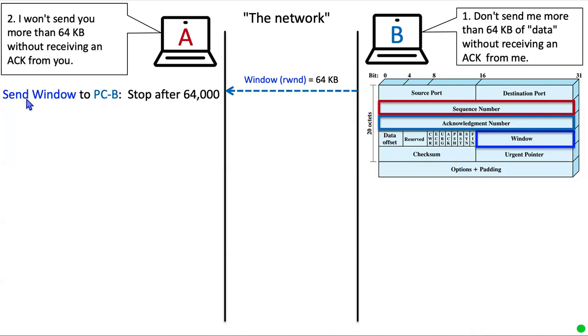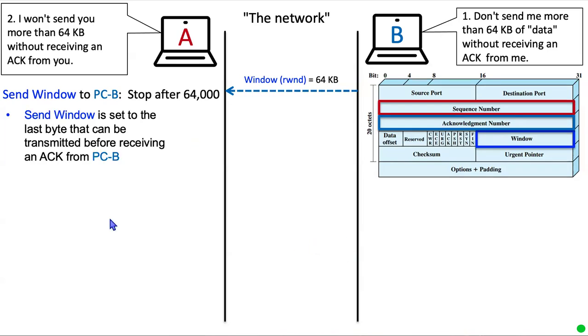So I'm going to set what I call my send window to PCB. A is going to have a little send window that says, okay, when I'm sending data to PCB, I have to stop after byte number 64,000. So my send window is set to the last byte that can be transmitted before receiving an acknowledgement from PCB.